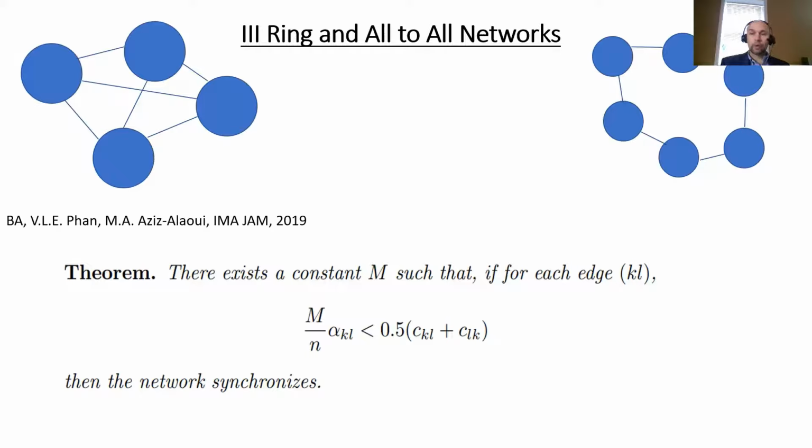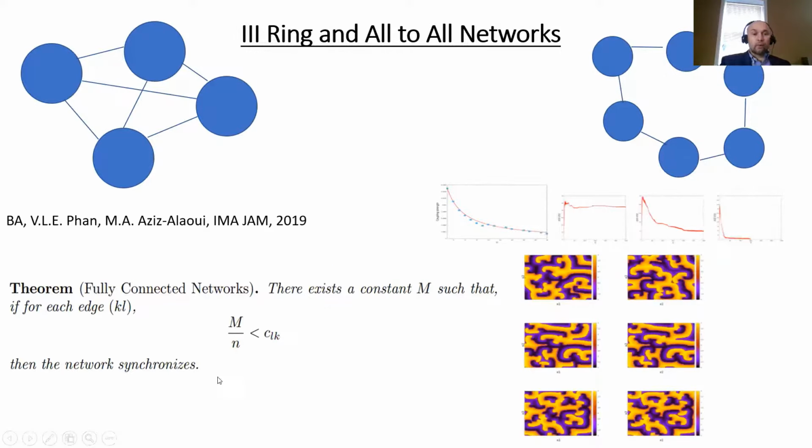Well, the proof goes as the proof that I did on the blackboard, but for the chain network, we add an induction argument because when we deal with chain networks, it suits that. For more general networks, we use this definition of alpha KL, right?